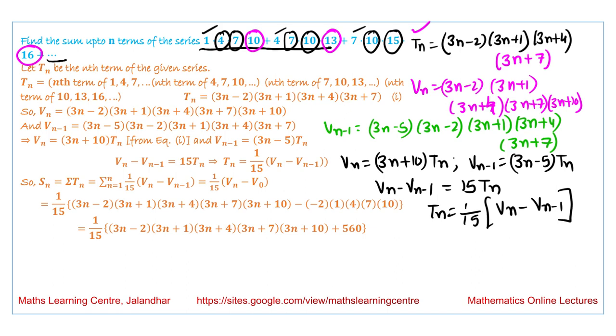If we calculate the sum over here, we call it Sn. That is equal to 1 by 15 sigma of the differences, so this is equal to 1 by 15 into Vn minus V0.